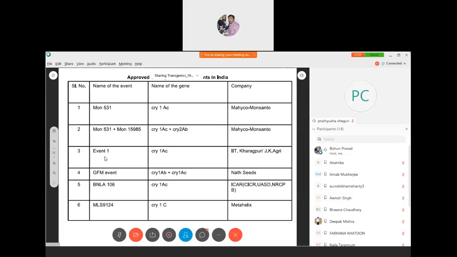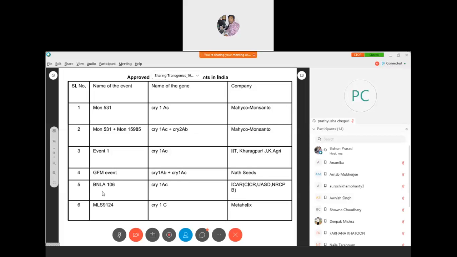Then another is Event 1, which is done by IIT Kharagpur and JK Agri, and the gene they have used is Cry1Ac. Then the GFM event, which also contains two genes, Cry1Ab and Cry1Ac, and this is done by Nath Seed.